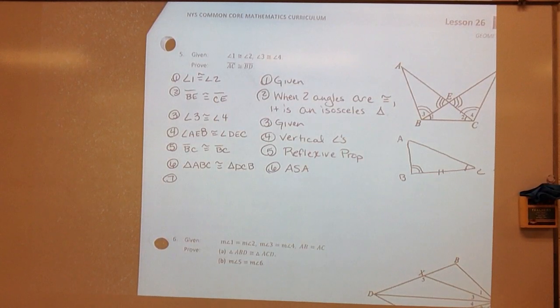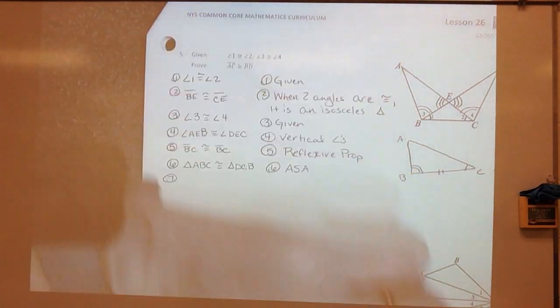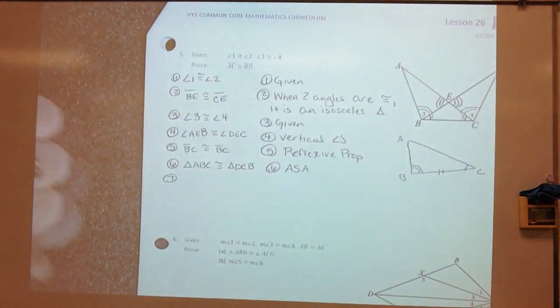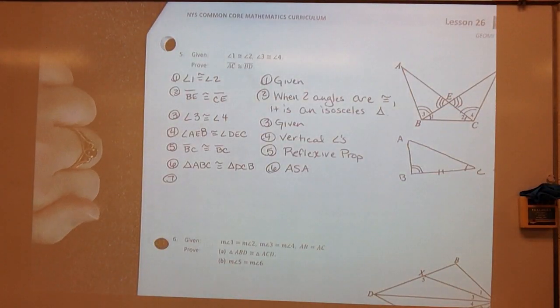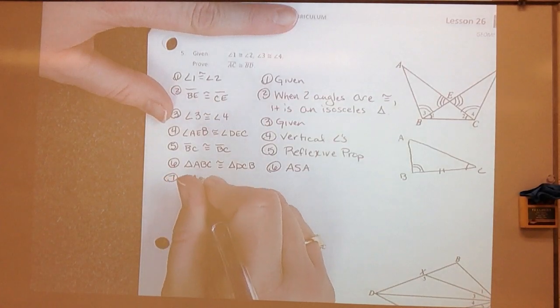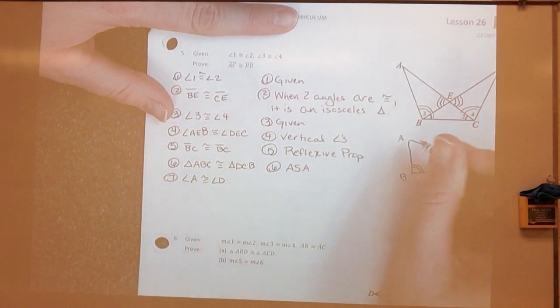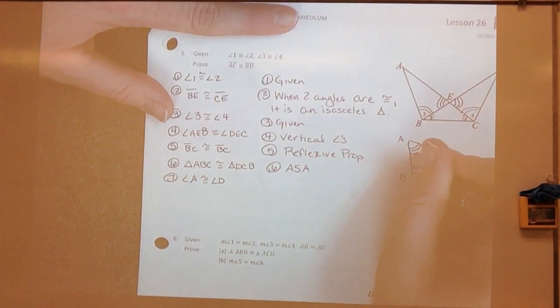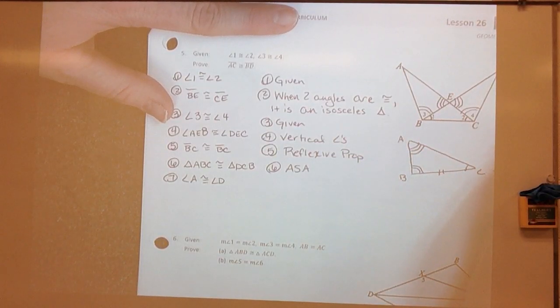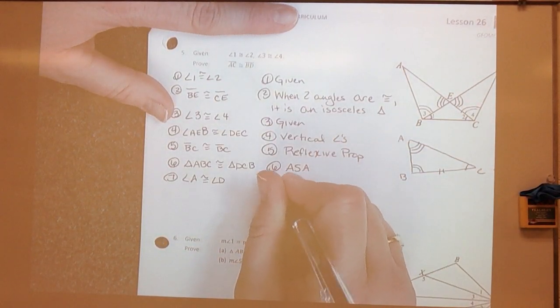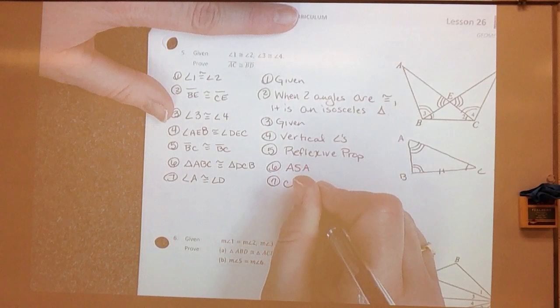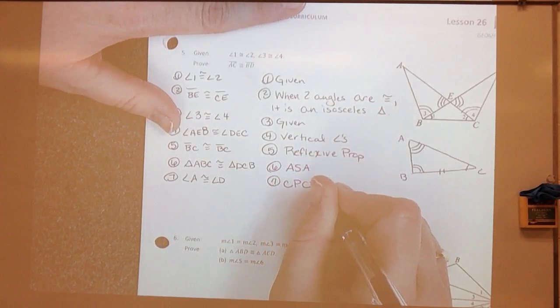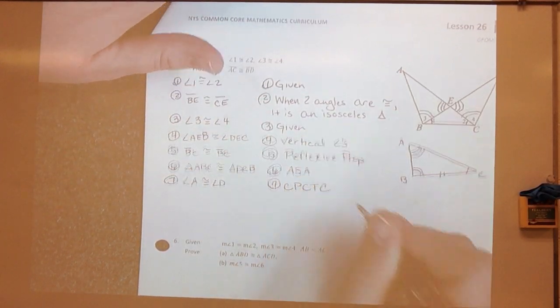Now since these are congruent triangles, I can prove that angle A is congruent to angle D. I'm going to prove that this angle is congruent to this angle because corresponding parts of congruent triangles are congruent.